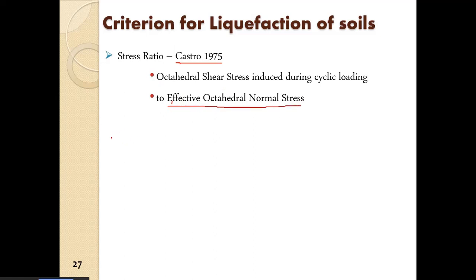So we can write effective sigma octahedral is equal to sigma 1 dash plus sigma 2 dash plus sigma 3 dash by 3, which is equal to the effective mean stress. And we have already studied the deviatoric stress as well.